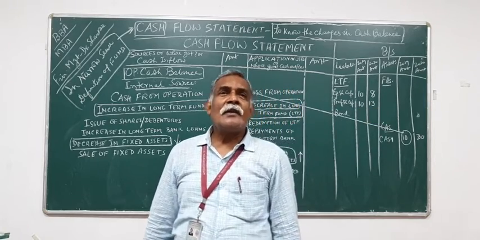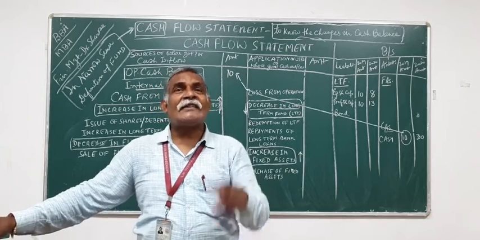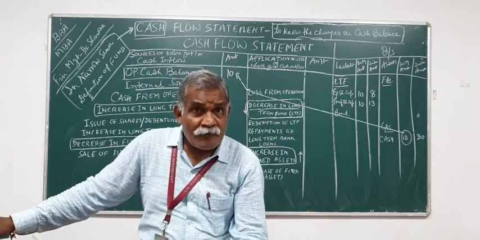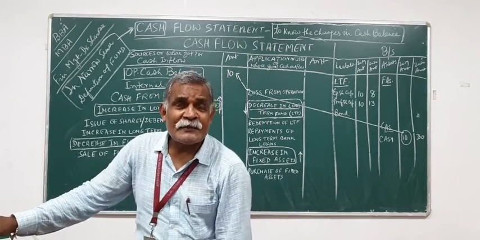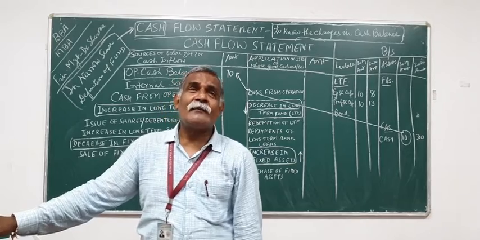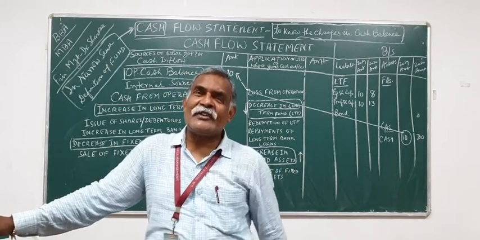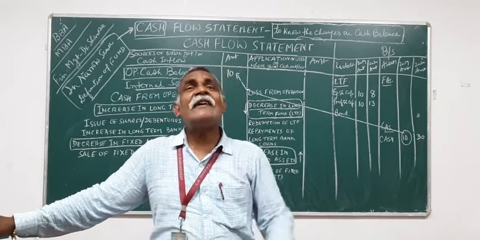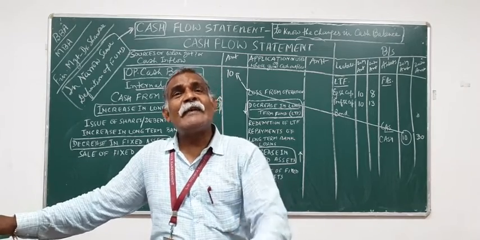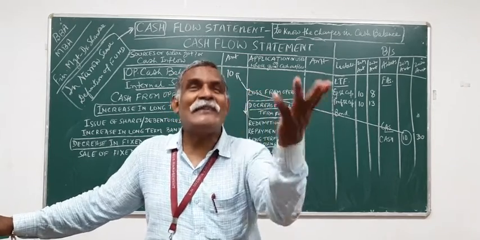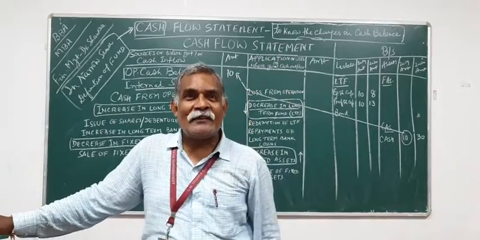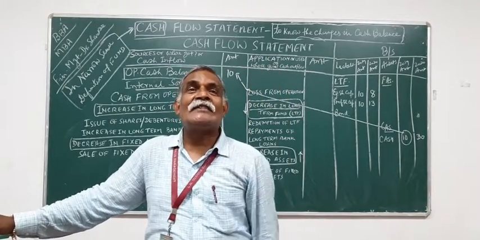So, if the equity share capital will decrease, that is, if the long-term fund will decrease, what do you think? It will become source or application? When it decreases, it means you have already paid to whom? The equity shareholder, the money which he has spent.